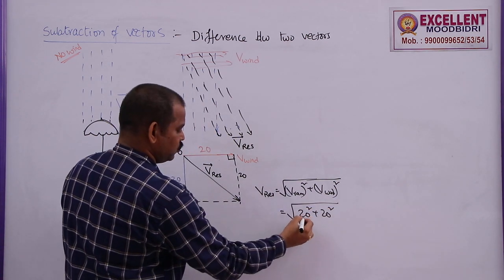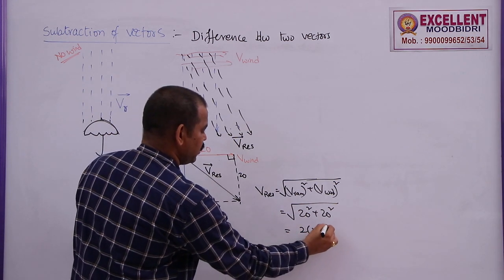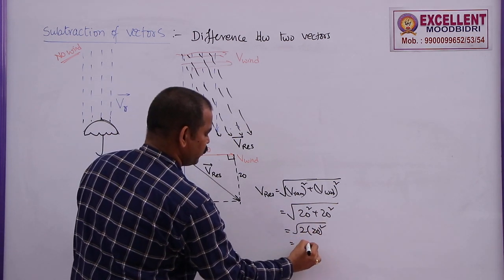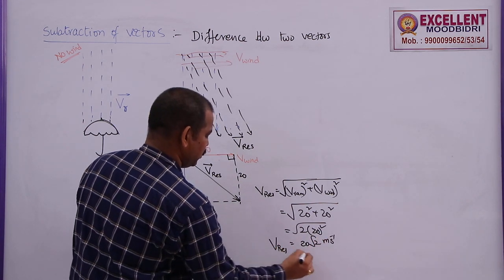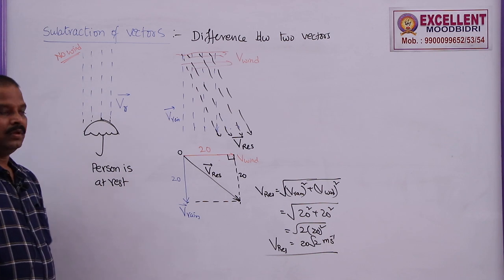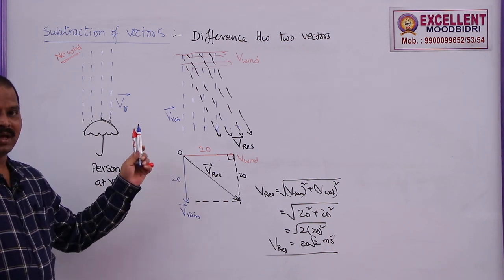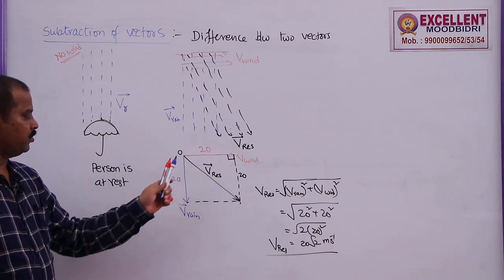This is 2 into 20 square under root. So this is 20 root 2 meter per second. This is the resultant velocity of the rain. Here I am using the addition of vectors or composition of vectors.